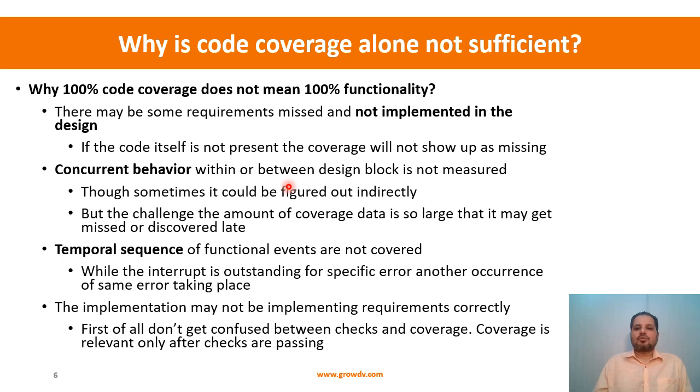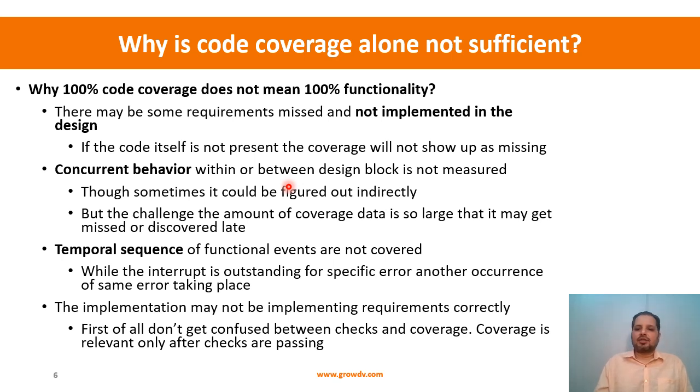Sometimes you can infer it indirectly, but the problem is that there is so much coverage data. Whenever you have implicit metric generation, the simulators tend to generate so much data, and it is so large that it is very hard to understand a very specific aspect indirectly, unless it is explicitly identified and called out.